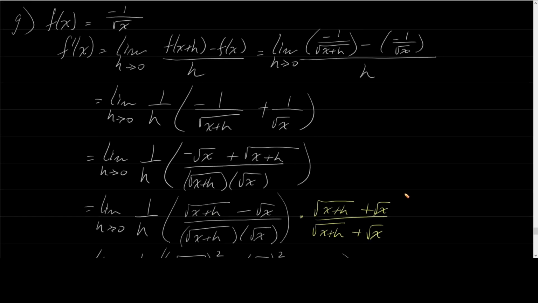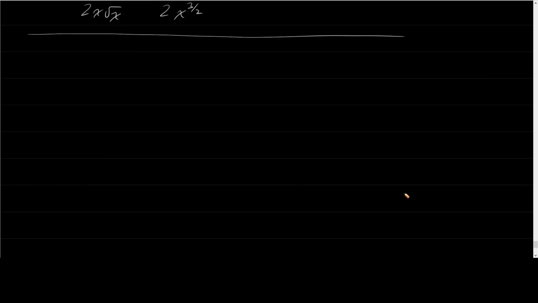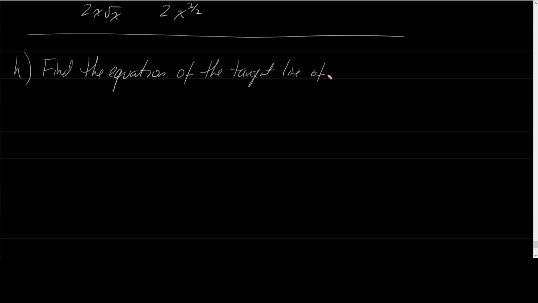So that example was for letter G. So here we go, H. The question says, find the equation of the tangent line of f of x that is parallel to the given line.